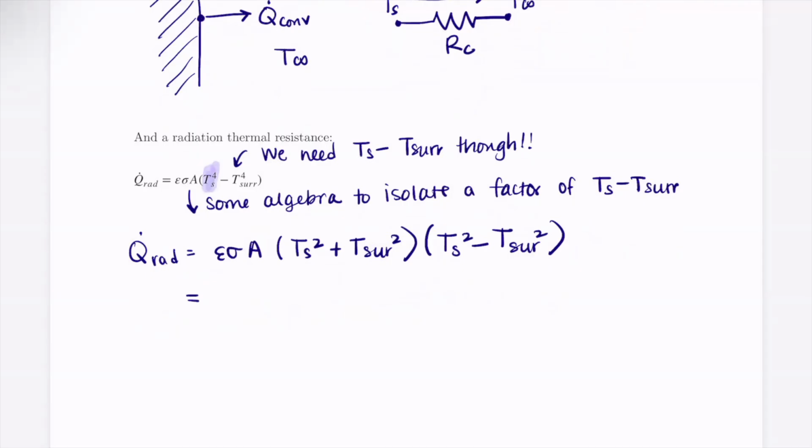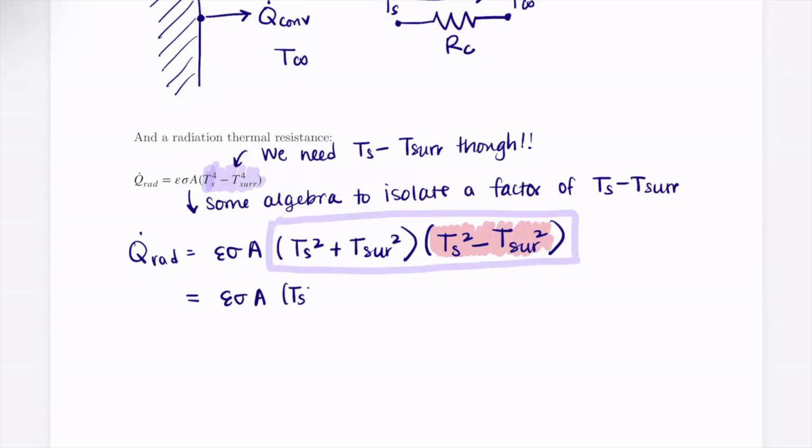So this is broken down into this. And then I'm also going to factor this one as well. All right, and so when I do that, I get epsilon sigma A times Ts squared plus T surroundings squared times Ts plus T surroundings times Ts minus T surroundings.